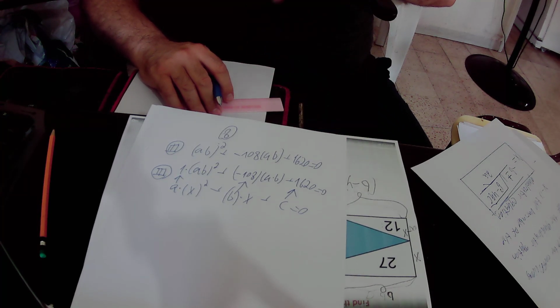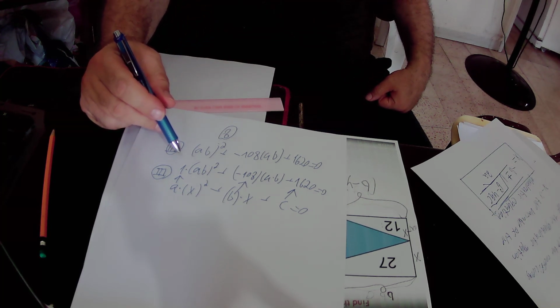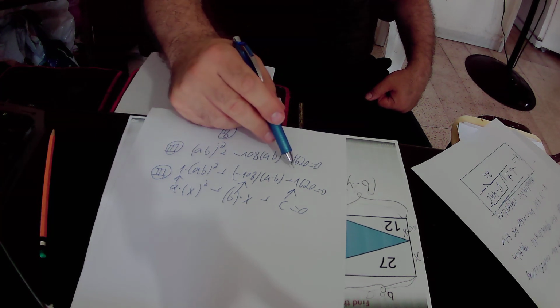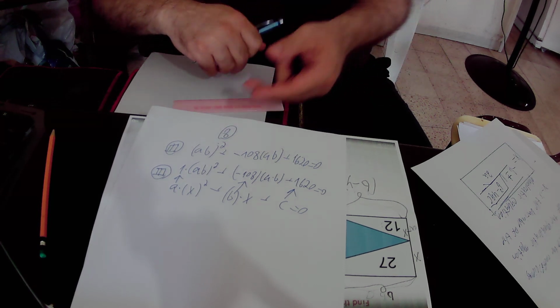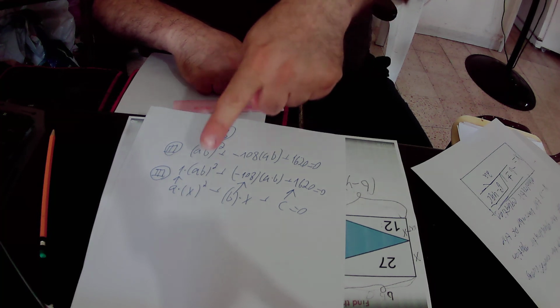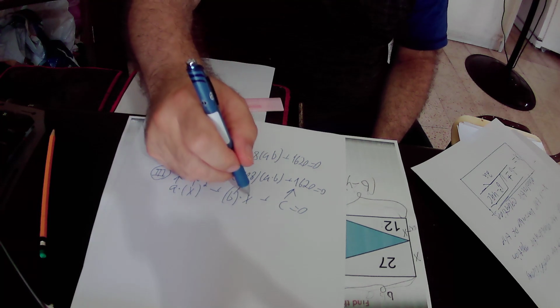As you can see here, a equals 1, b equals negative 108, c equals 1620, and x equals AB, of course.